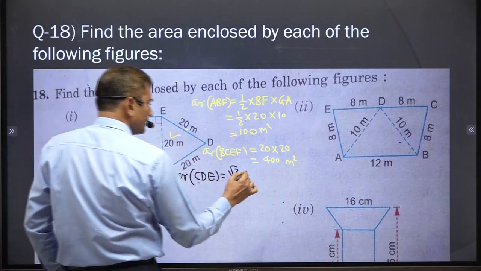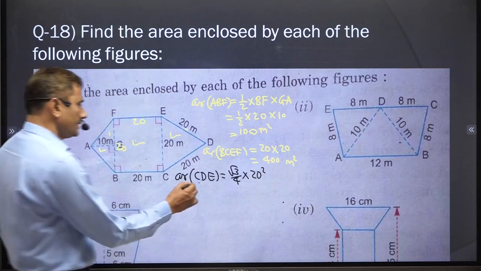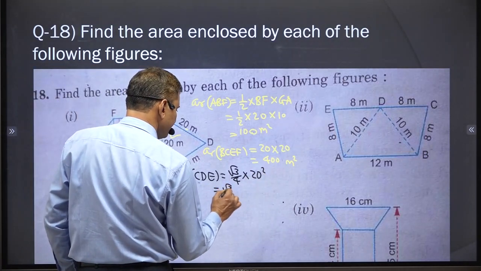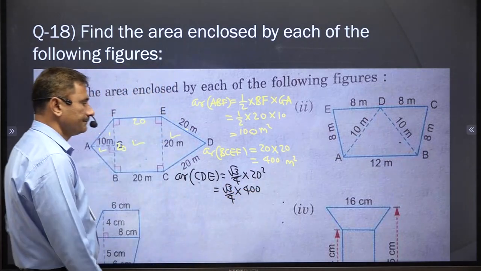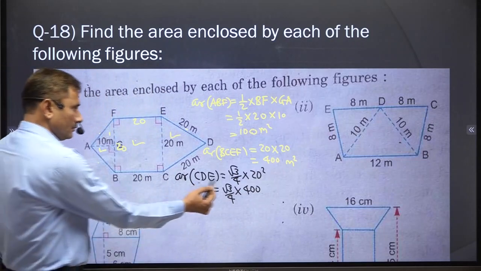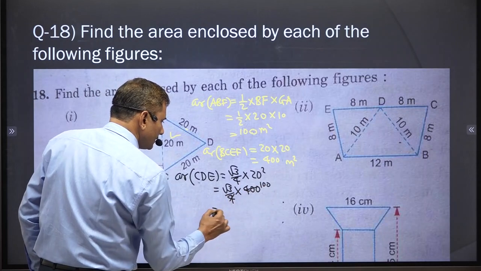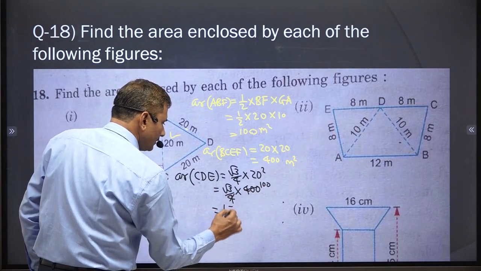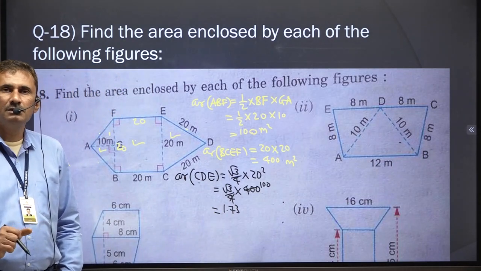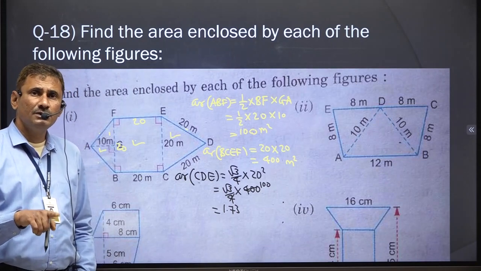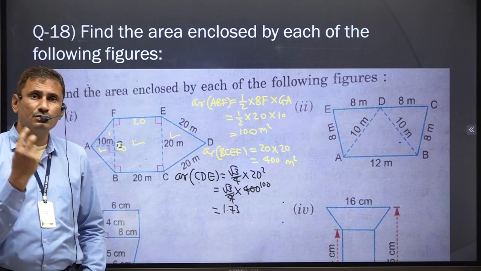Side means any side. You can put the value directly also, no problem. So it is root 3 by 4 into 400, 20 square. Now 4 into 100. So what are you left with? Root 3 into 100. Now the value of root 3 is 1.73. Either you have to remember it, root 3's value 1.73, otherwise find it by the long division method up to 2 decimal places.